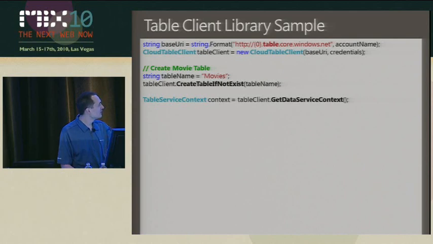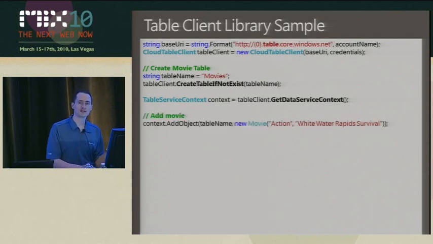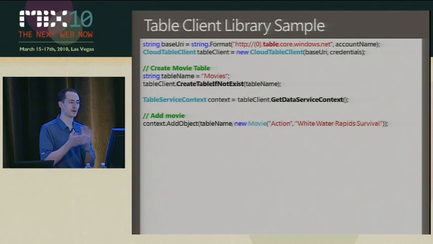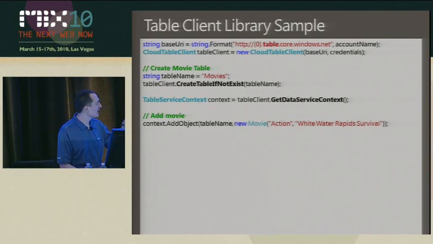So we call the table client object and say get data service context, and this gives us a table context. This table context will allow us to then actually manipulate any table in our storage account and add objects into it. Here we're going to add objects into our movies table, and we're going to create a new object.